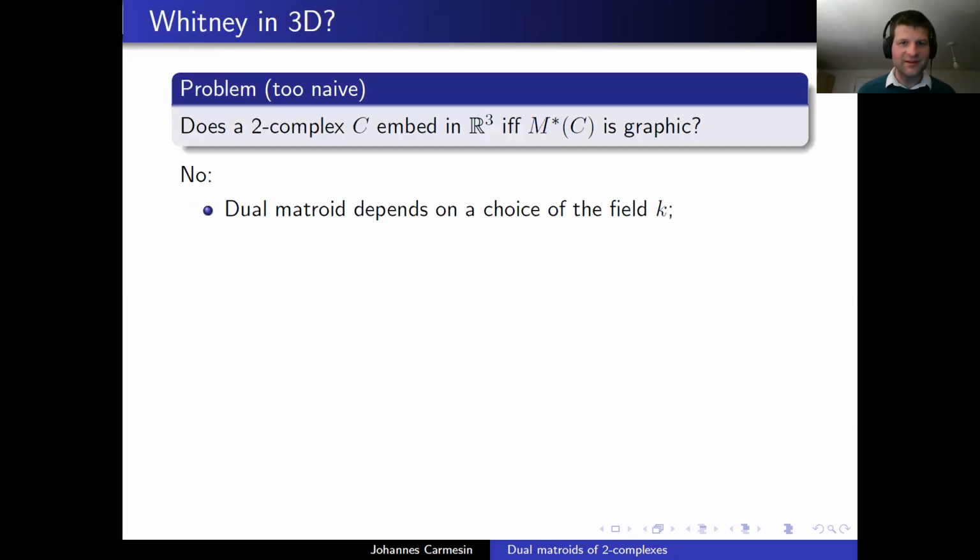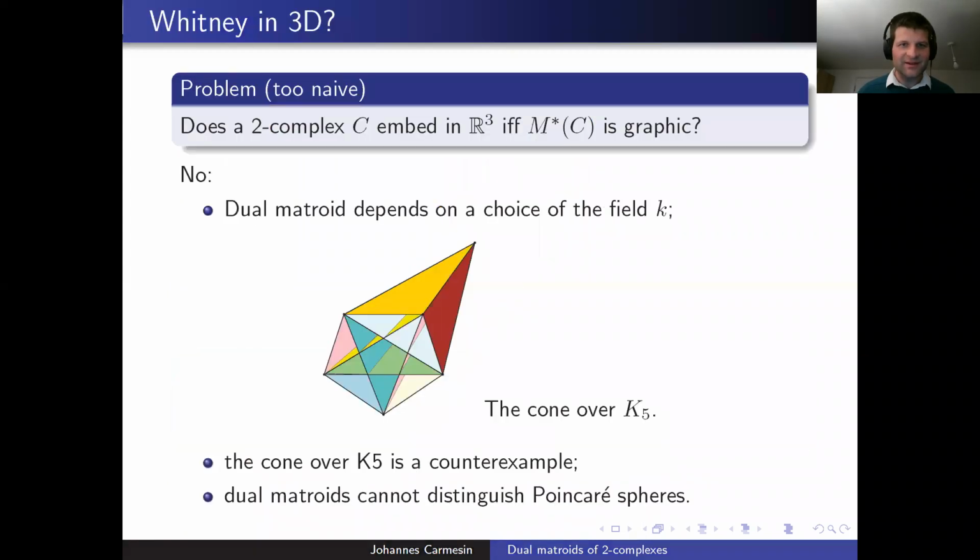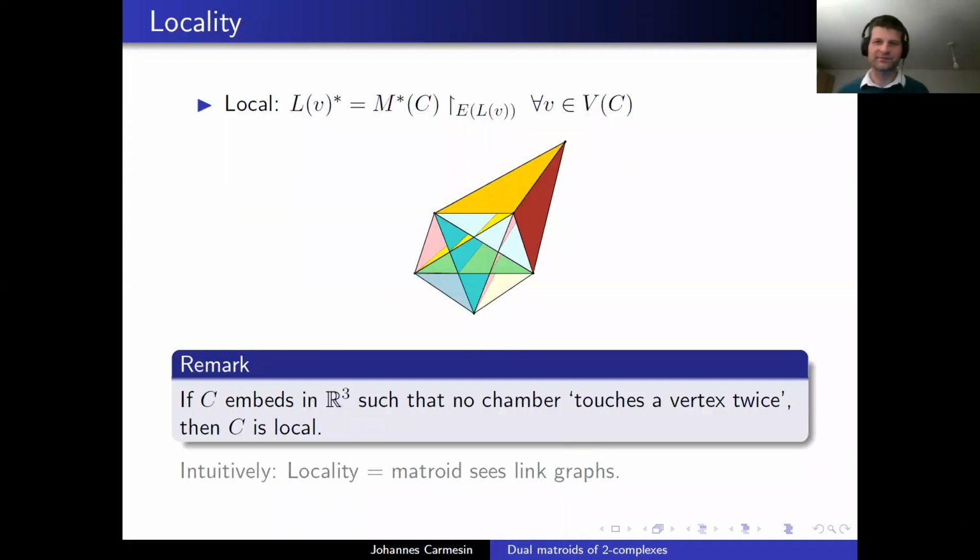Wait, wasn't it that? Yeah, right, it's like this. Yeah, probably you need to add some junk at these other vertices, right?